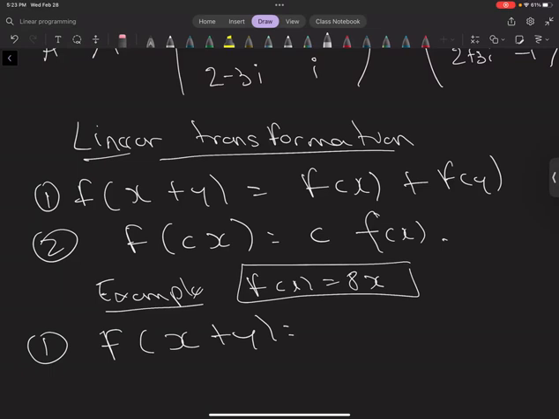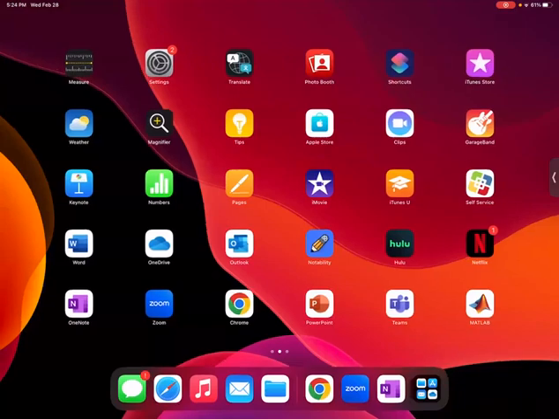Ax plus Ay. So f of box is A times the box, and what is inside of the box? X plus y. So you multiply, Ax plus Ay. Okay, that's the first part.